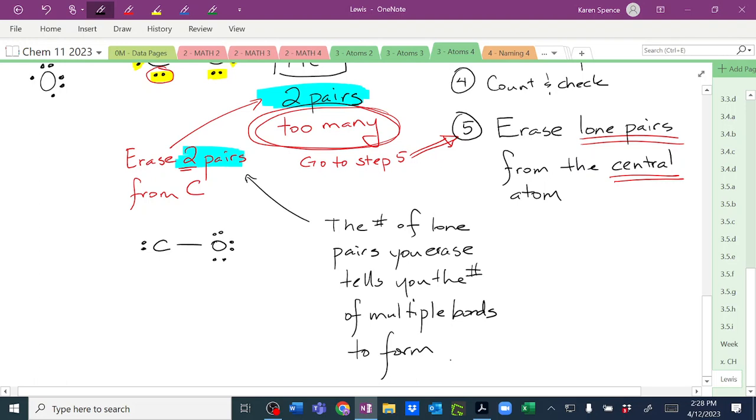So how many multiple bonds are we going to be forming? We had 2 pairs too many, so we erased 2 pairs, so we're going to form 2 multiple bonds.